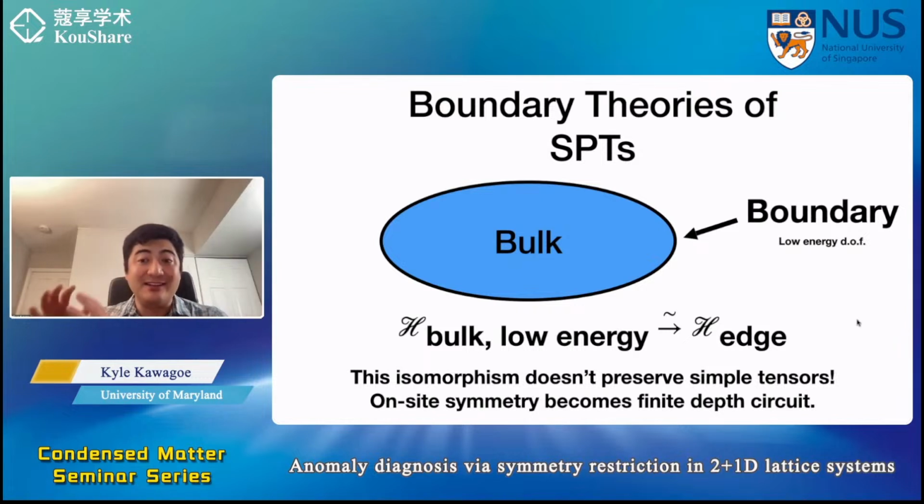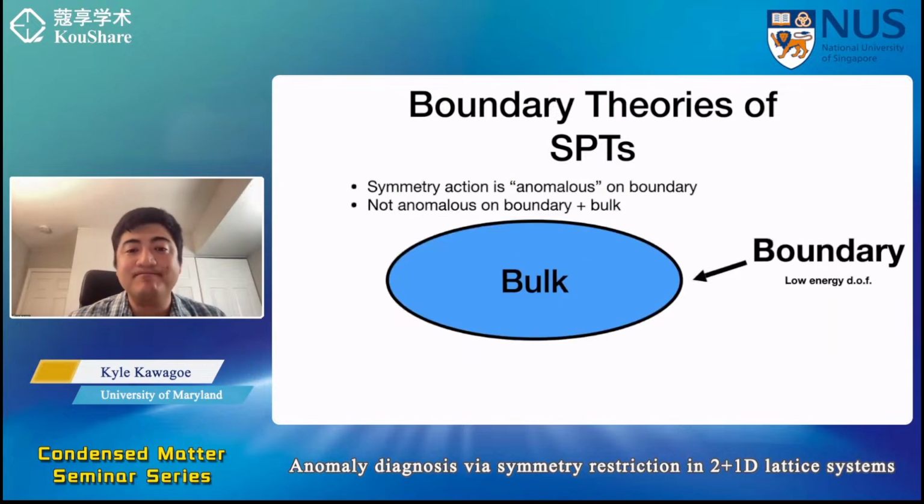It becomes a finite depth circuit on the boundary. When this happens, we say that the boundary symmetry is anomalous. If your on-site symmetry in the bulk becomes a truly on-site symmetry on the boundary under this isomorphism, then the boundary is non-anomalous. We're interested in looking at the anomalous case and characterizing that.